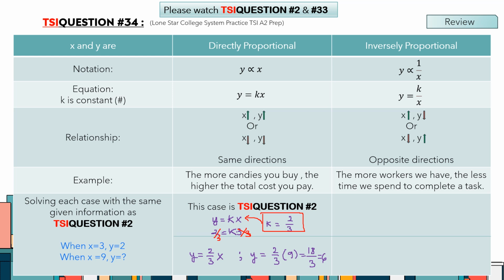How about if it's inversely proportional? So we would use the formula y equals k over x. Then we plug in y equals 2. We use the given information: y equals 2, k over x with x being 3. Now to isolate k, we multiply by 3 on both sides.